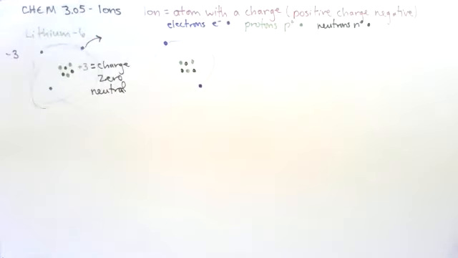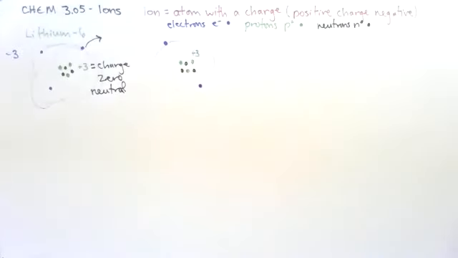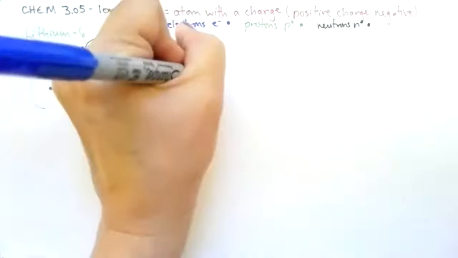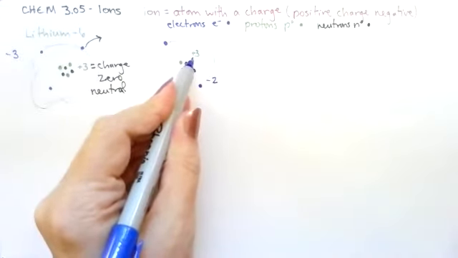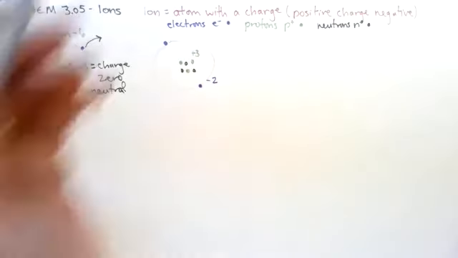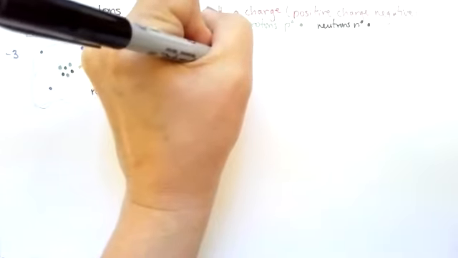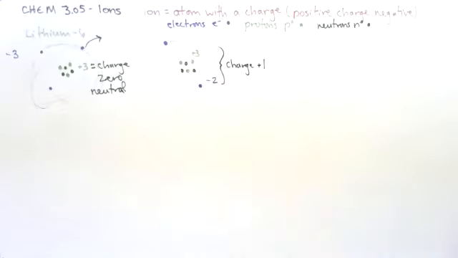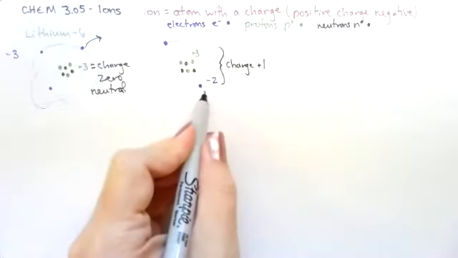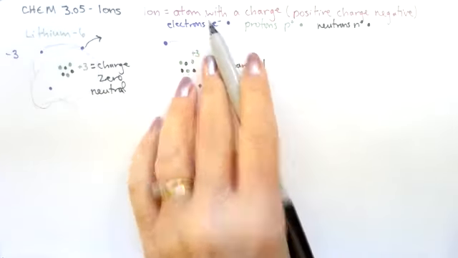So now I have a +3 in the nucleus and a -2 in my electrons. Hopefully your algebra skills let you know that if you've got +3 and -2, that's going to give you an atom with a charge of +1. So this is now an ion. It is an atom with a charge.